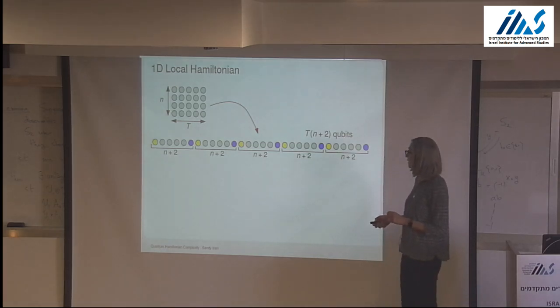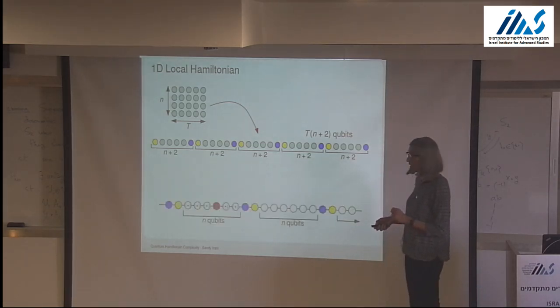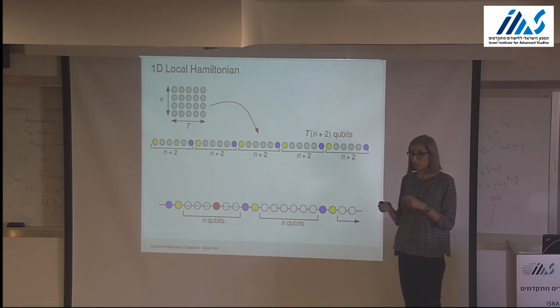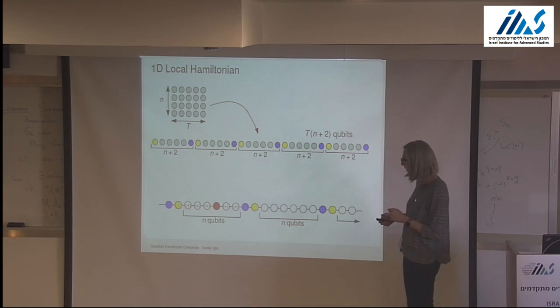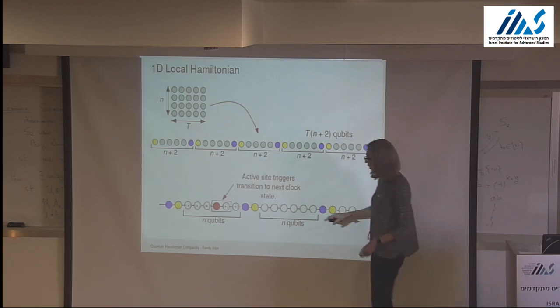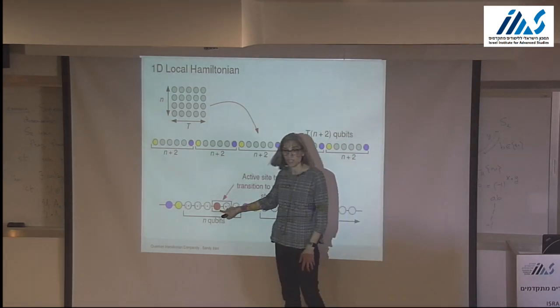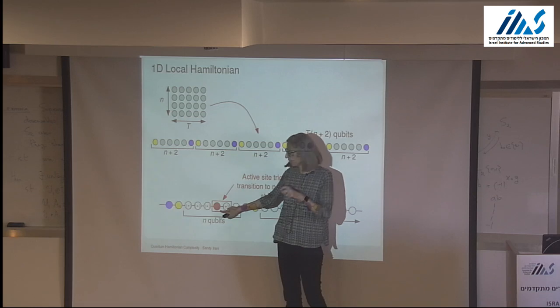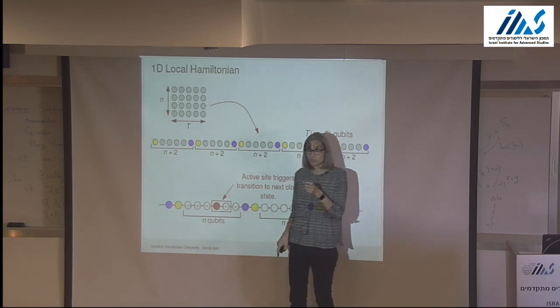Okay, and so I'm just going to hint at how it goes. There are obviously a lot of details in terms of what the propagation terms actually look like. But the basic idea is that we always have an active site. It's like a little cursor. And the propagation terms only apply to pairs that have one of those little cursors inside them.